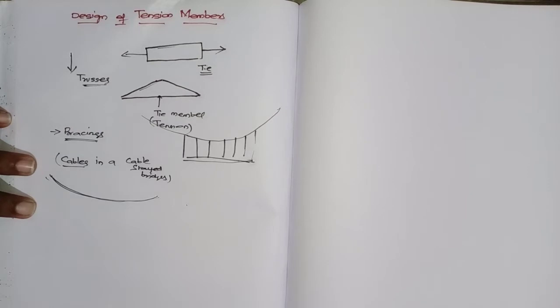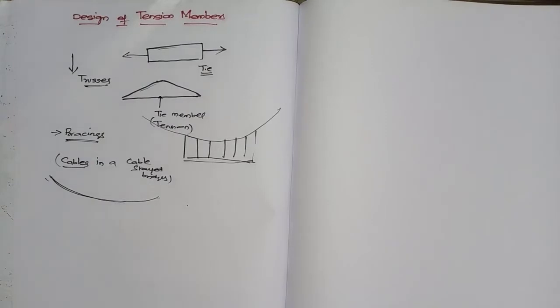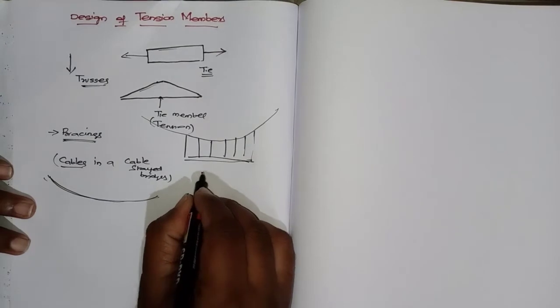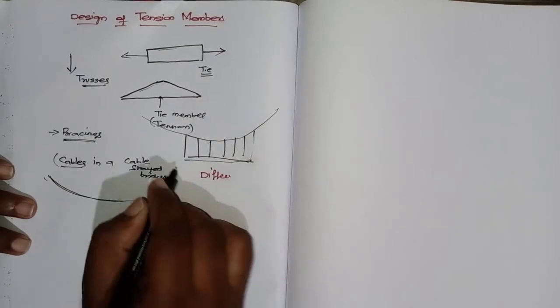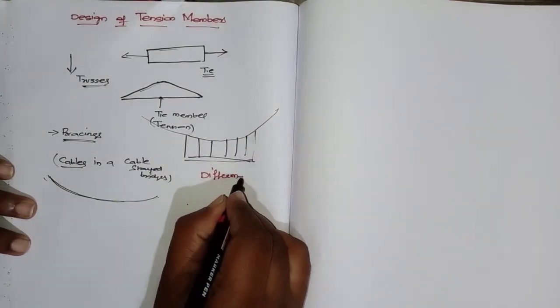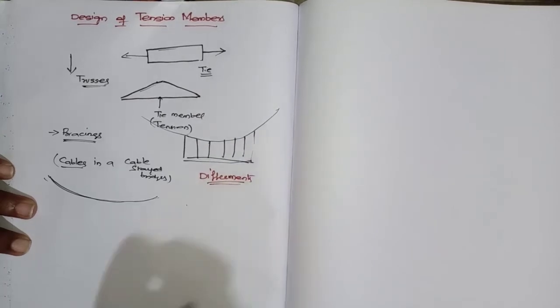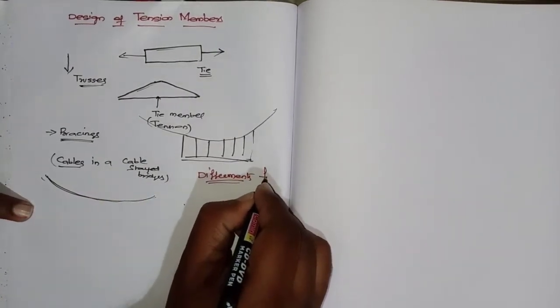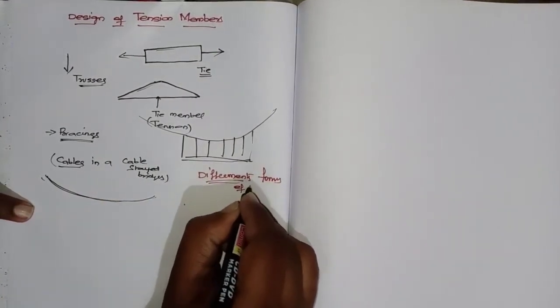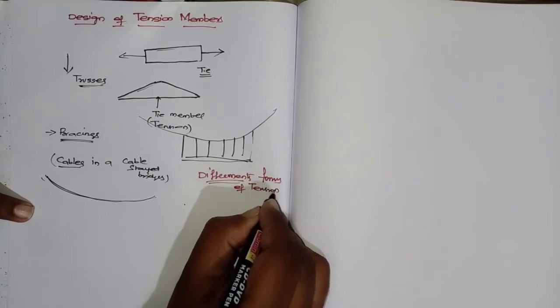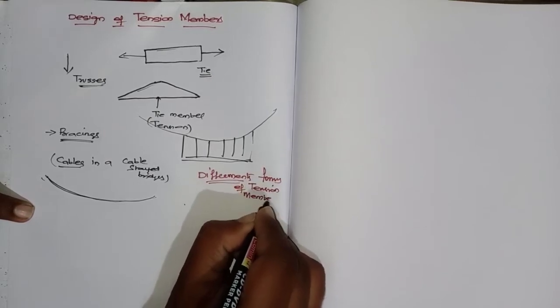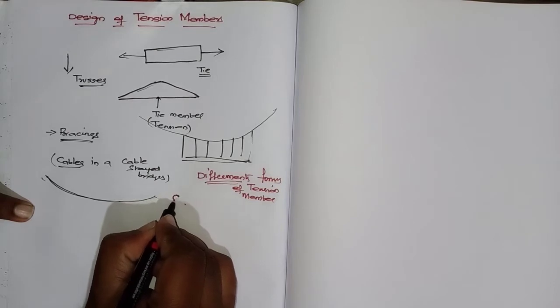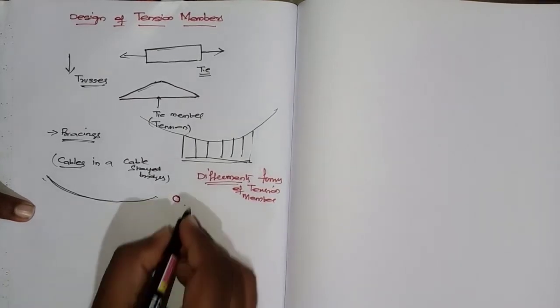Now, what are the different forms we can use as a tension member? These are the members in a structure, so what different shapes can be used? That is, the different forms of tension members. A solid rod can be used as a tension member.